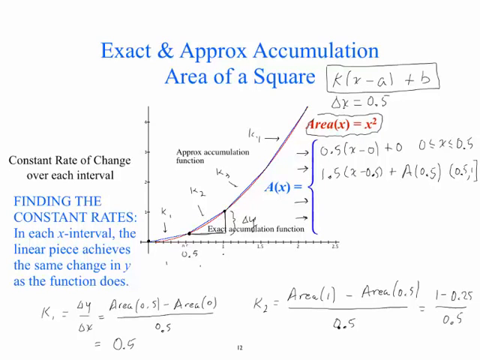So maybe the hardest part of this is getting these constant rates, but we see that if we've got the exact accumulation function, and that's how we're picking points off of that and joining the lines, then we have all the y coordinates of those endpoints by the output of the original function. And so we can get the change in y for each one. Okay, so just to check your work, I think the next one ends up being 2.5.